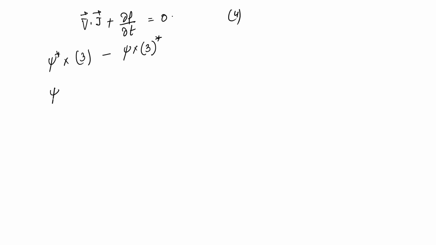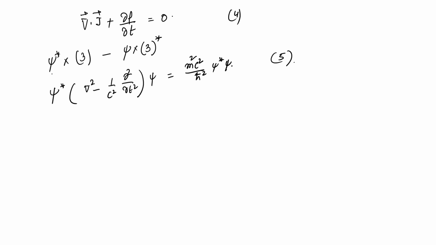So, that gives psi star times (del squared minus 1 over c squared del 2 del t 2) psi, which is equal to psi star m squared c squared by h cross squared psi.